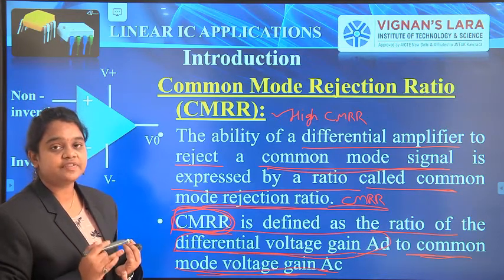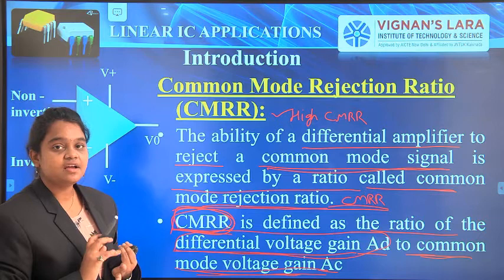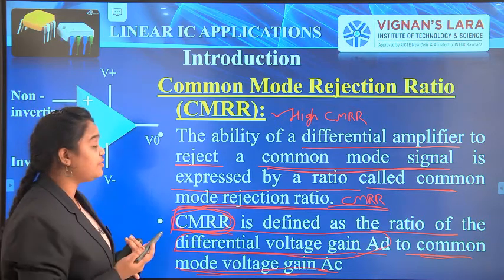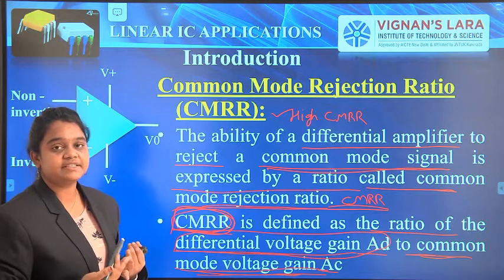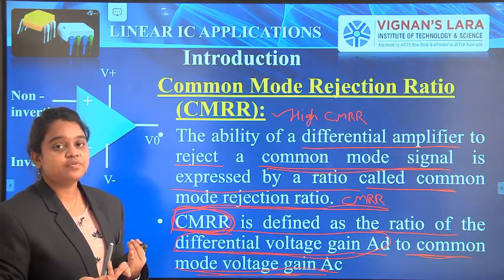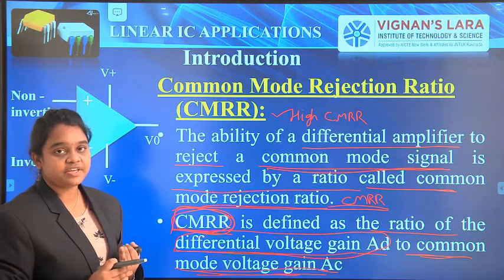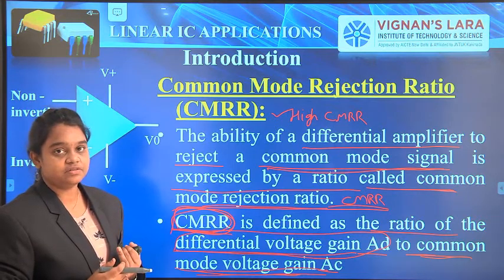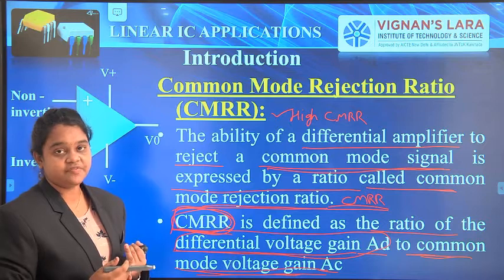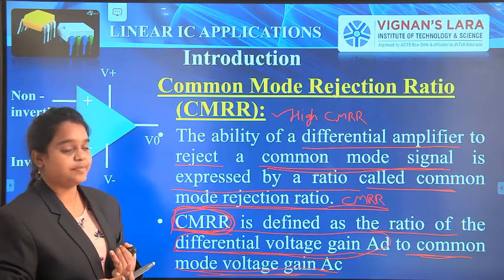It allows only differential mode operation and rejects common mode operation. So it is called the common mode rejection ratio. For designing a differential amplifier, we choose one where differential mode operation is high and common mode operation is very low. So it is a good differential amplifier for designing an operational amplifier.